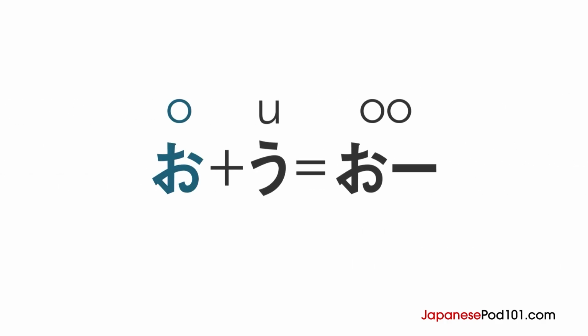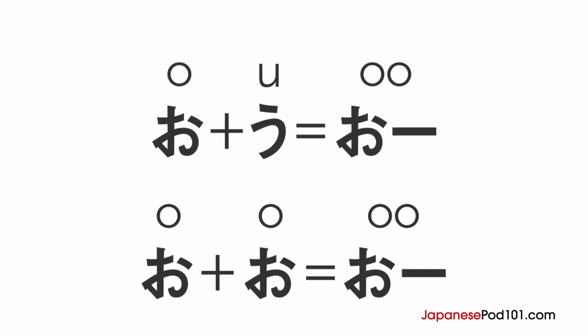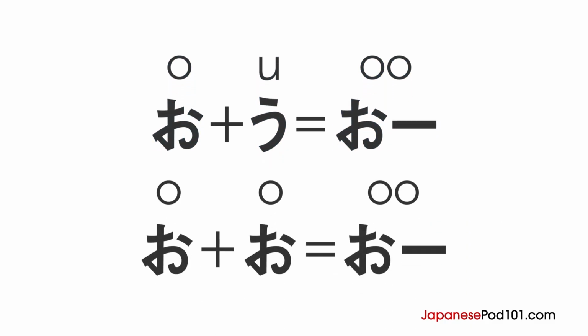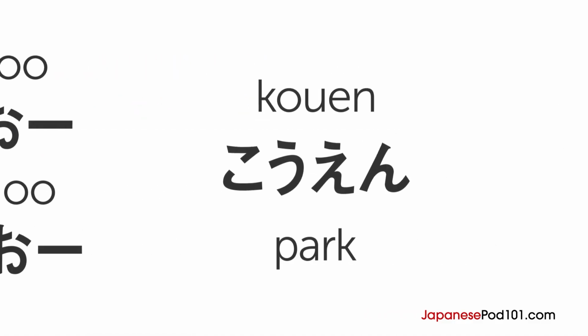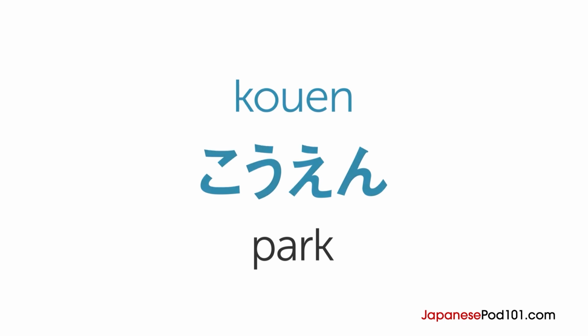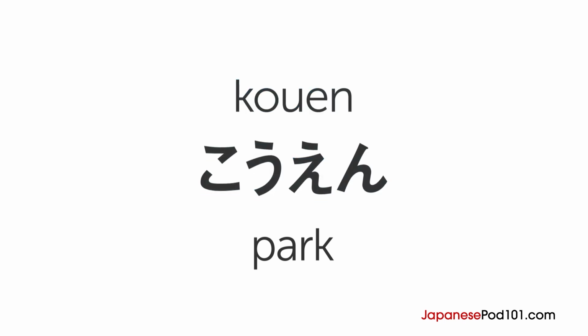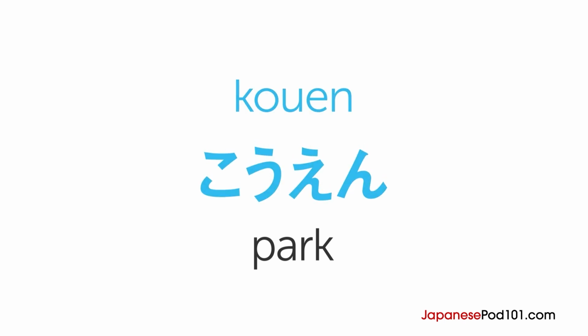So, a pair of o and u also makes a long vowel, o. To recap, there are two combinations to make a long vowel o, which are two o sounds, and o and u. Repeat after me. 公園.